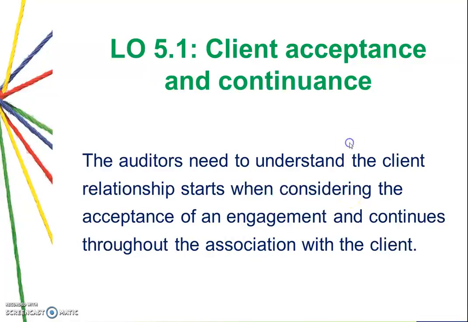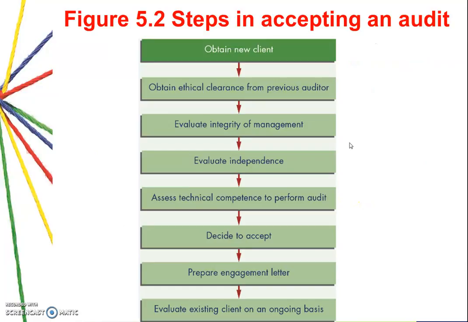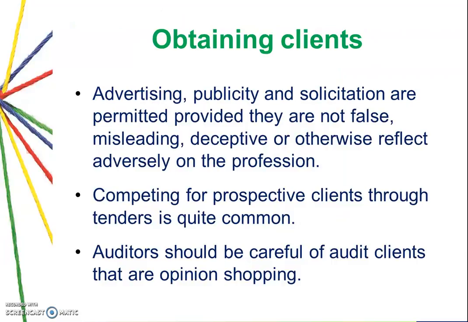The engagement letter is important because it is the letter from the auditor to the client to document the arrangement made with the client and to clarify matters that may be misunderstood.